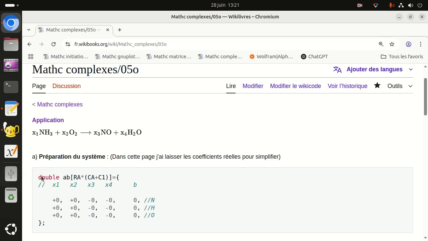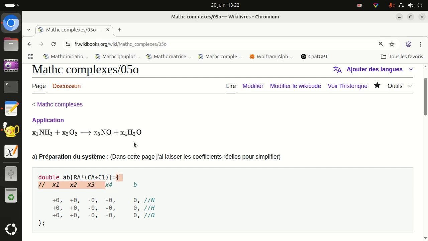Now this is my system of linear equations to balance this chemical equation. The first column is for this first element. The second column is for this second element. This third column is for this third element. You must put the minus sign because this element is on the right of the chemical equation.